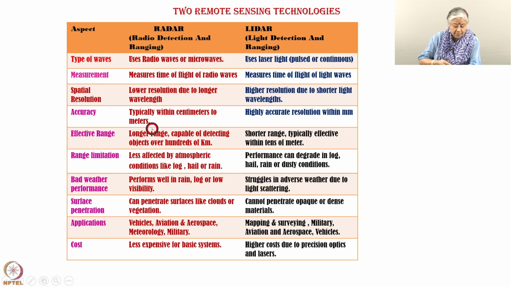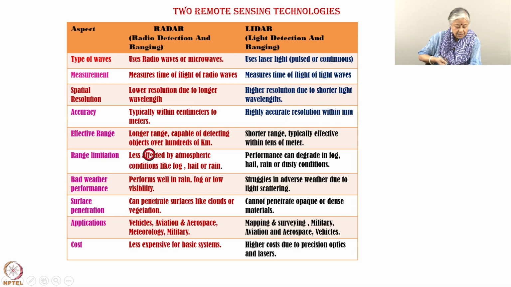Then radar accuracy is typically within centimeters to meters. Accuracy and resolution are of course related to each other. That is because of the long wavelength. And then for LiDARs, highly accurate, with resolution within millimeters. That is because the light wavelength is shorter.